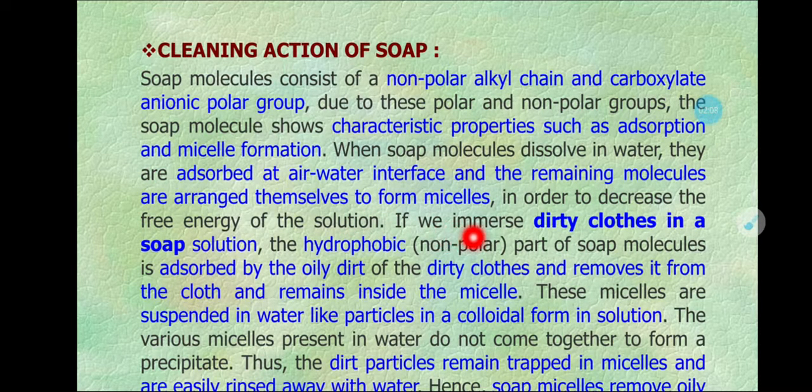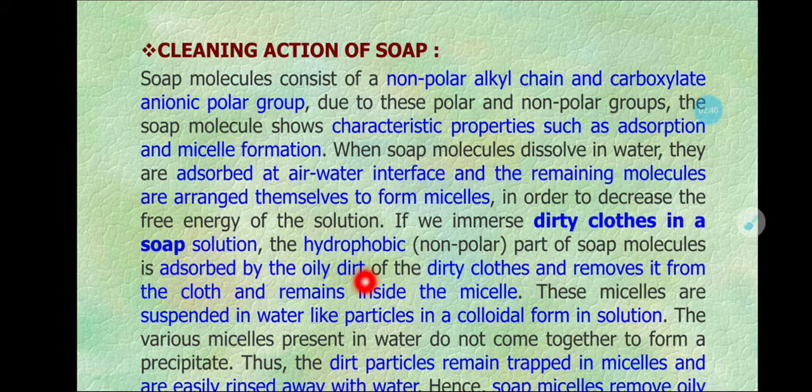If we immerse a dirty oily cloth into the soap solution, what happens? The hydrophobic non-polar part, that means the oily part of the soap molecule, is adsorbed by the oily dirt.